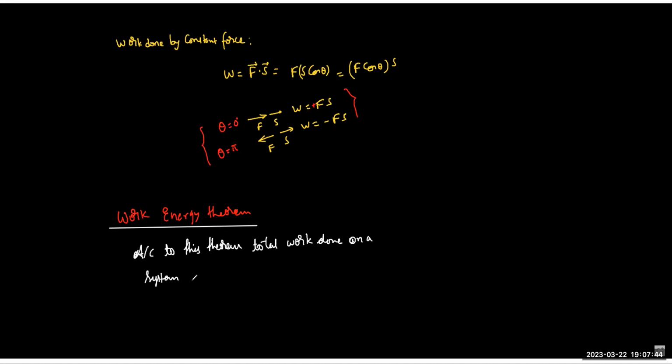A system may contain one mass or a collection of masses. It is always equal to the total change in its kinetic energy, or you can say the total change in kinetic energy of the system.